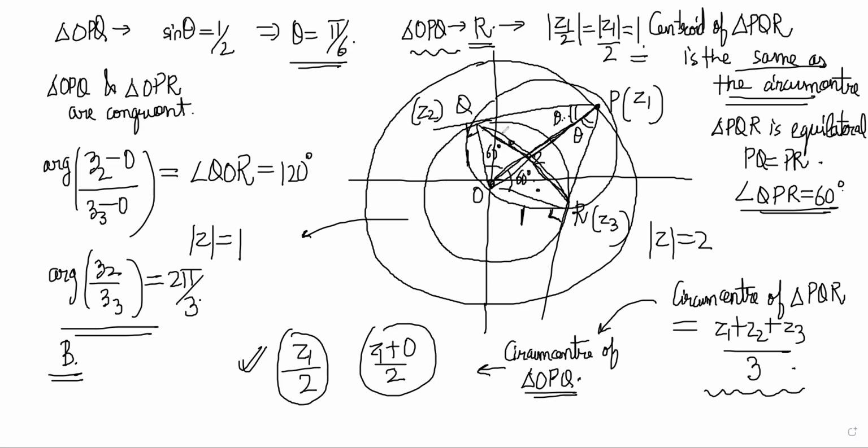So the circumradius R for this triangle is 1. So Z1 by 2 basically has to lie on the inner circle, on mod Z equals 1, because the circumcenter of a right angle triangle is at the midpoint of its hypotenuse. So the midpoint of the hypotenuse lies on the inner circle, because this distance is equal to this distance.